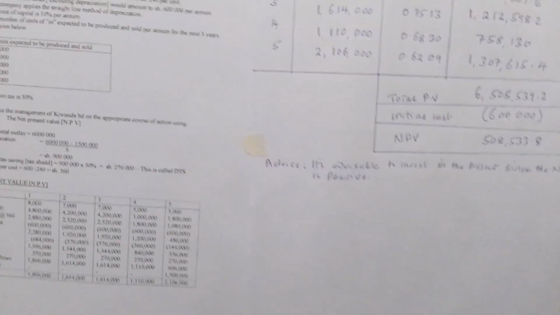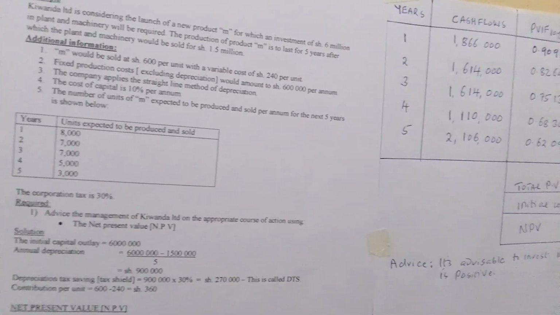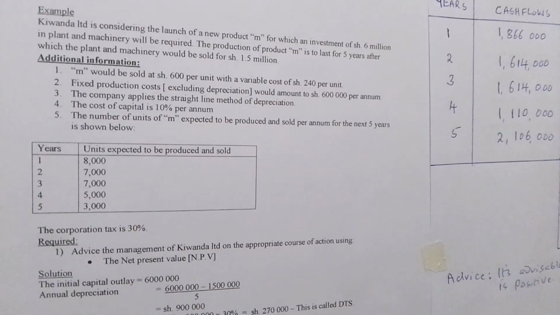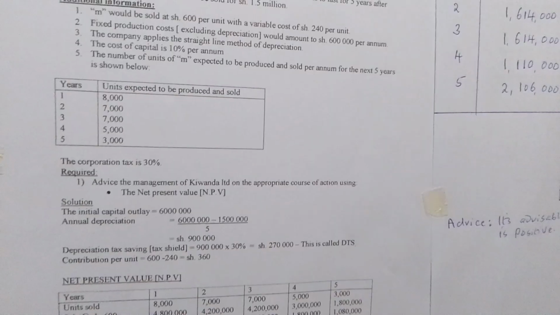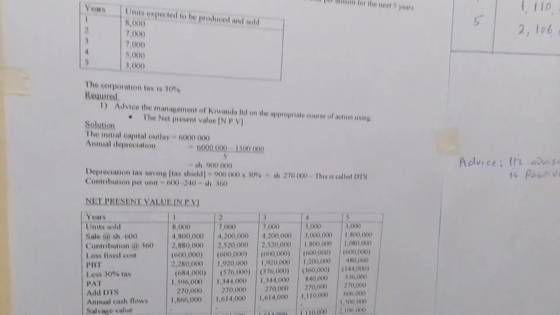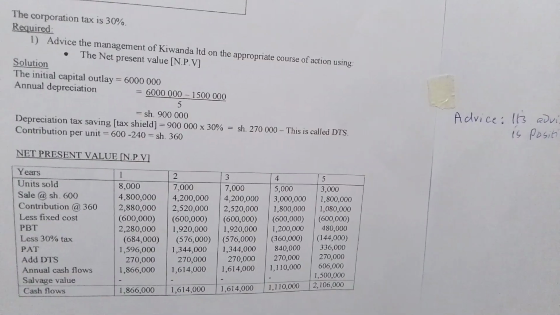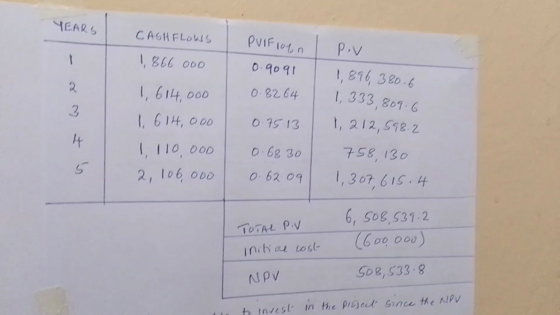So that is it for that. I think we have explained that question or illustration very well. You can just go through that question as you refresh all that we have done together, and you have all your answers and the solutions there.